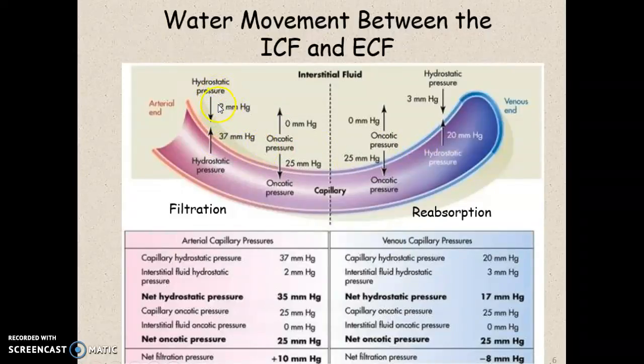All right, the hydrostatic pressure in the tissue is 2. Hydrostatic pressure in the capillaries 37, so the 37 beats the 2, and it moves out. All right, so oncotic pressure here, 0 versus 25. The oncotic pressure is going to pull fluid back in.